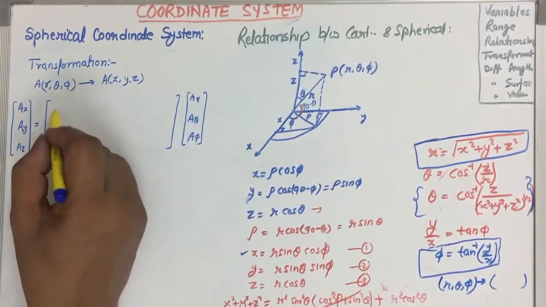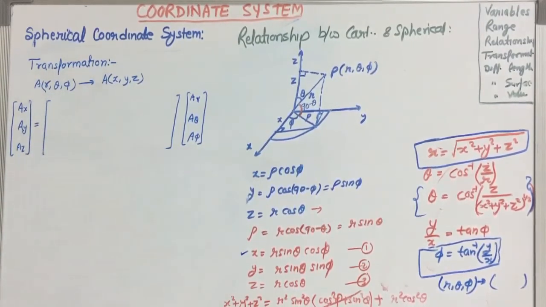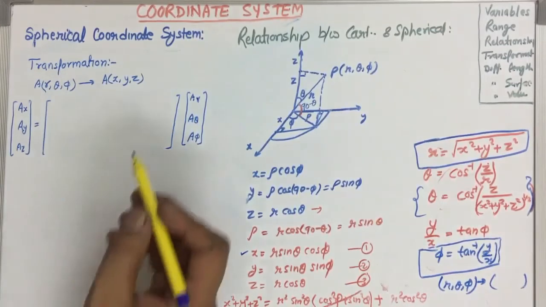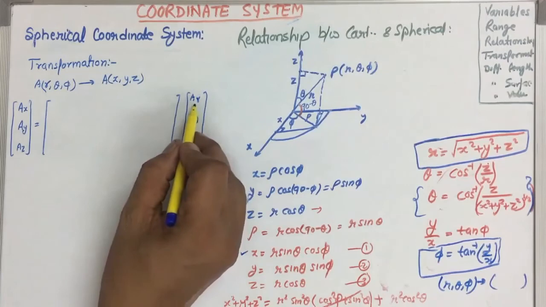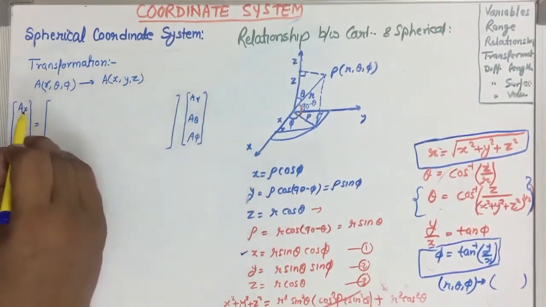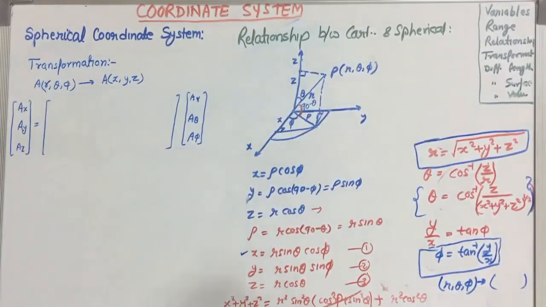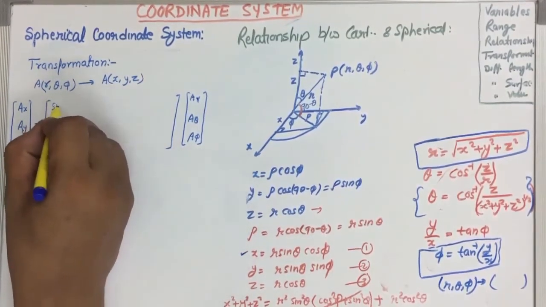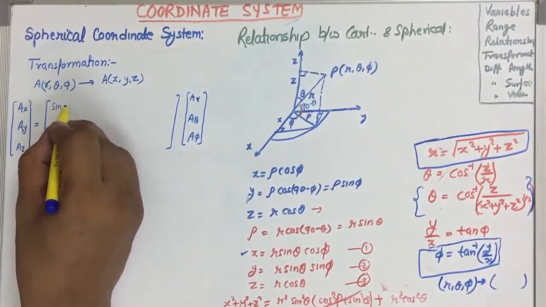Now just learn the trick. To find the first column of this transformation matrix, check the coefficient of R in X. So where is X? This is X. The coefficient of R is sin theta and cos phi. That will be the first element of this matrix.